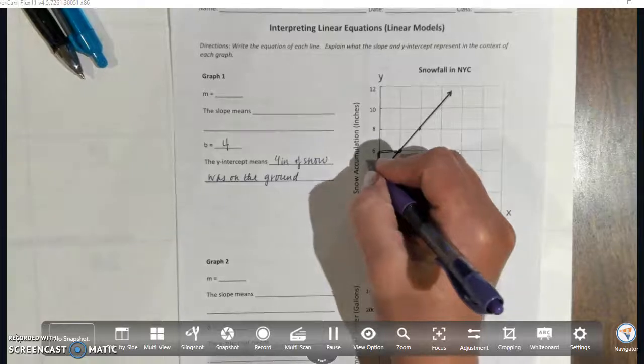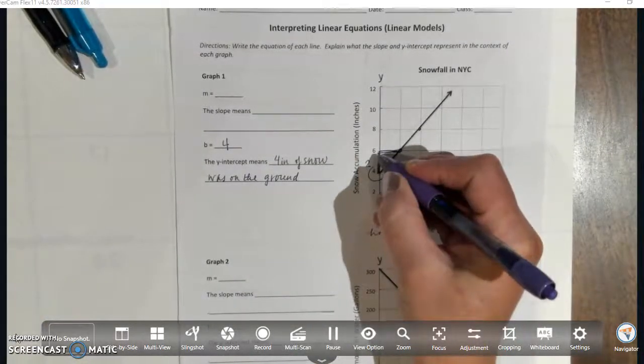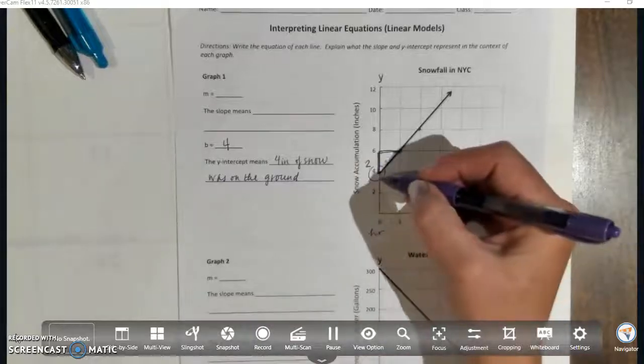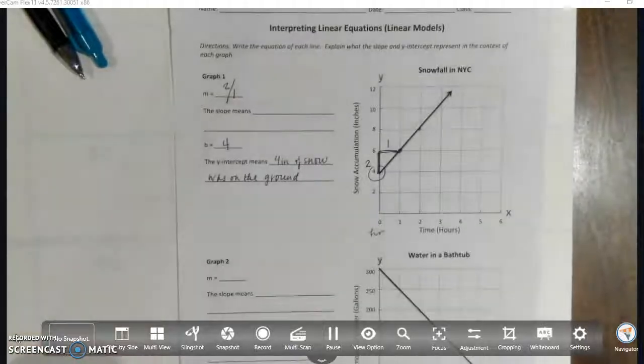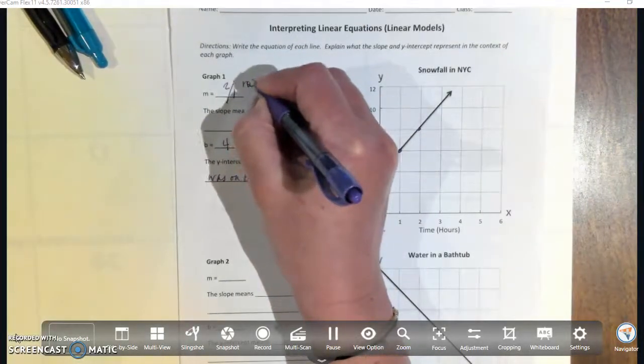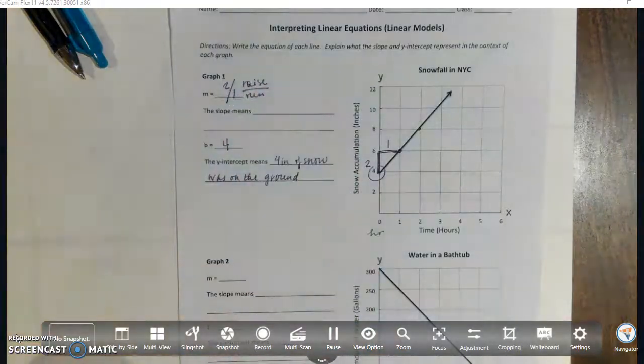However, this change is actually 2. From 4 to 6, the rise was 2 over 1. So remember, this is your rise of 2, run of 1.